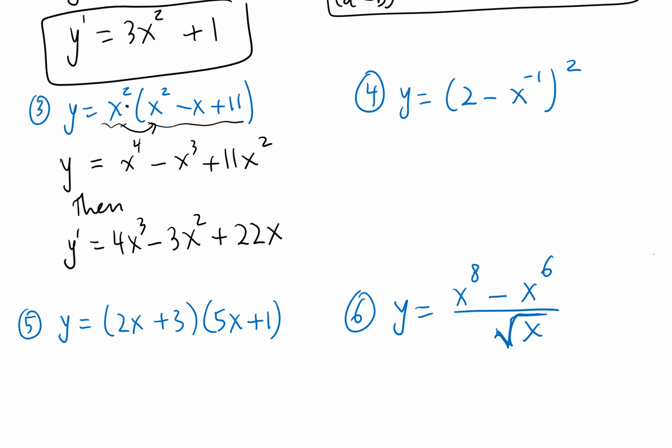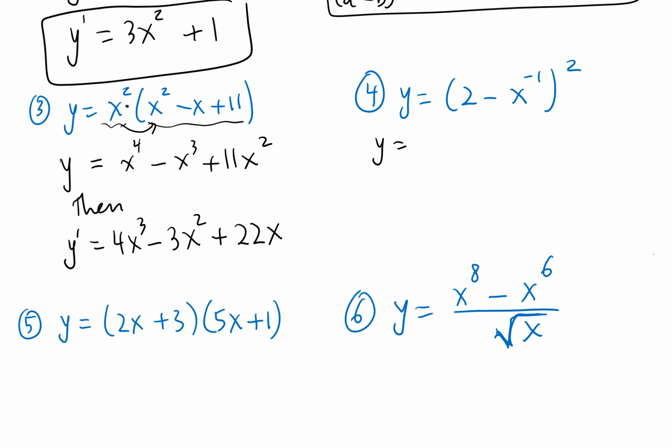The next one, do not find the derivative of the inside or bring the 2 down. In section 3.4, I'll show you a shortcut, but for the meantime, the only tool we have is to expand this. To get rid of that square on the top, we need to expand it. So how do you expand it?